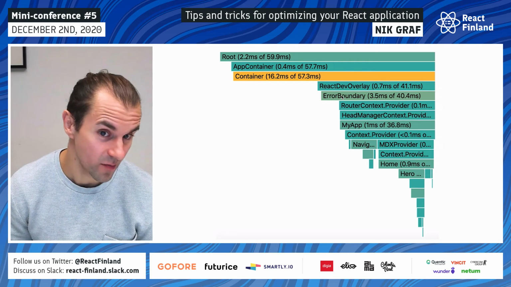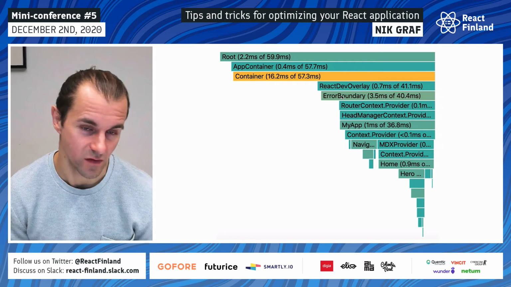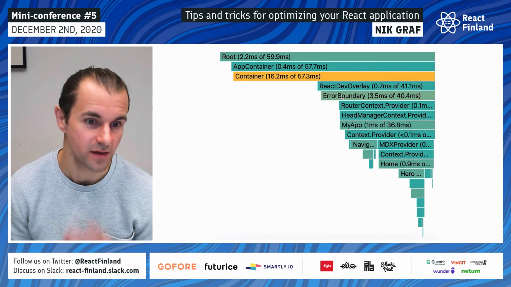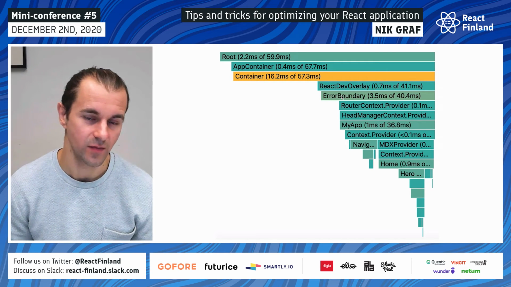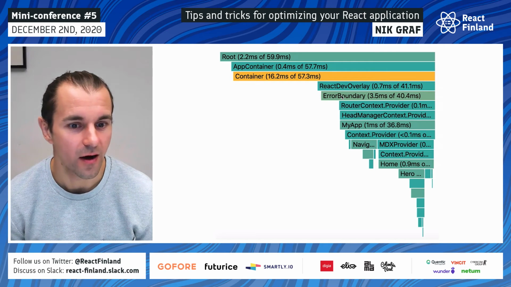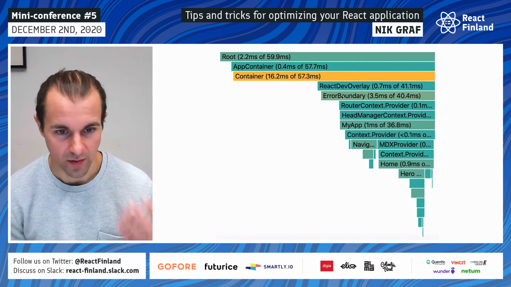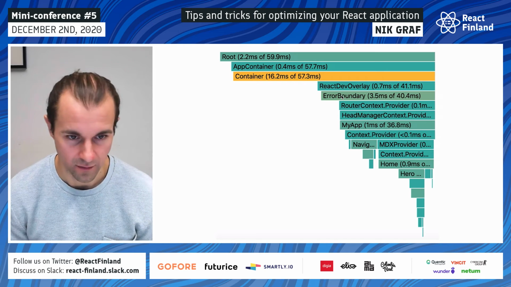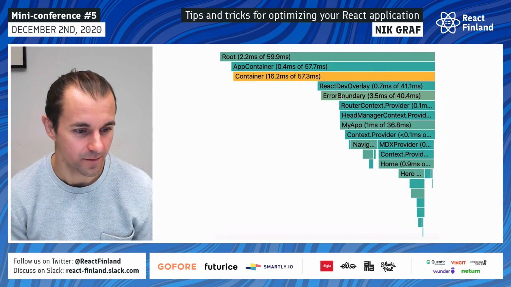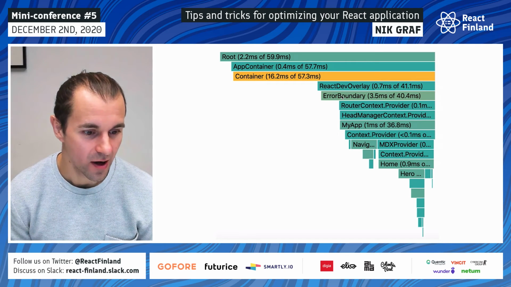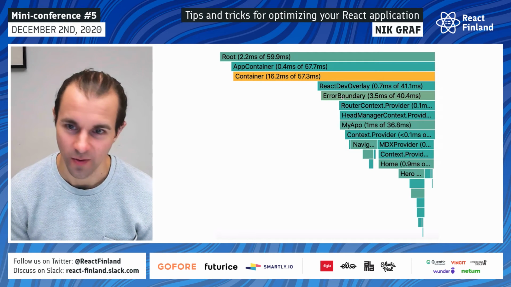The best fix you can probably do from a user perspective is to server-side render it, because then you don't have this React build-up that has to build the whole DOM. You get the finished DOM, the browser can render it right away, and then React can attach the events. So this is the best experience in that regard. But this is a completely different story, and I'm not going to go deeper into it.